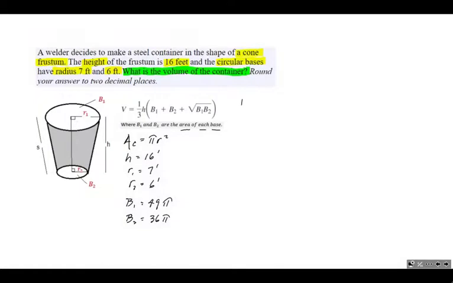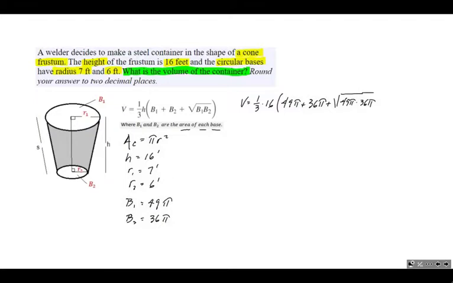We'll start up here with volume is equal to 1/3 of our height, and our height is 16, times B1, B1 is 49 pi, plus B2, which is 36 pi, plus the square root of B1 times B2, so 49 pi times 36 pi.